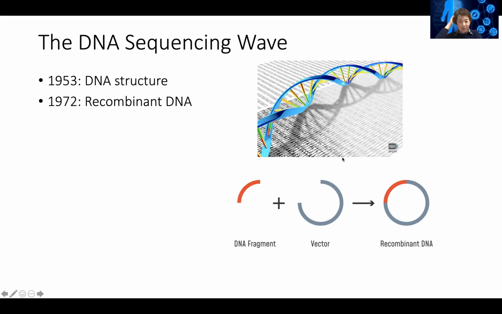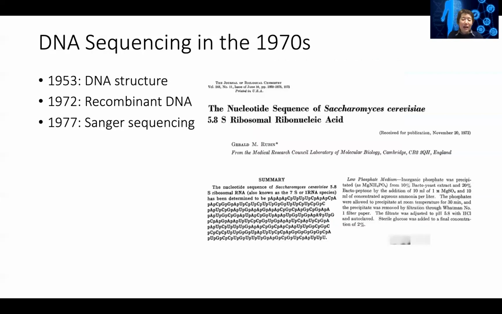Initially, people could do this type of experiment in the lab to cut and stitch and create new pieces of DNA. Many groups started using this approach to study the gene they're interested in, to look at functions. It was a very exciting time. However, at that time, sequencing DNA was still very, very difficult.